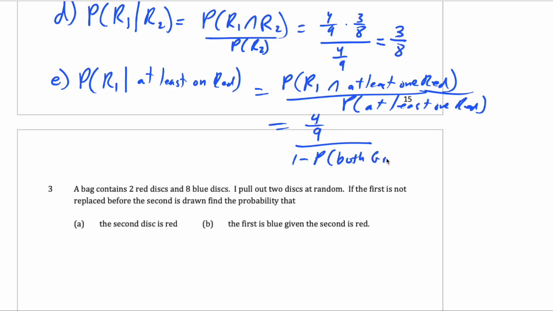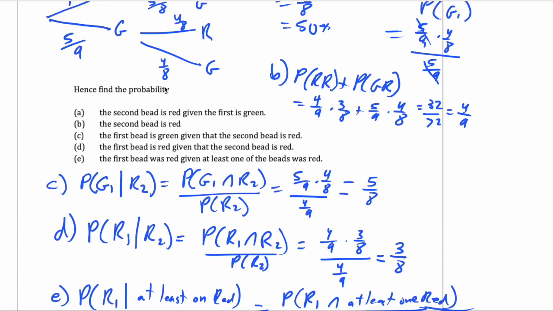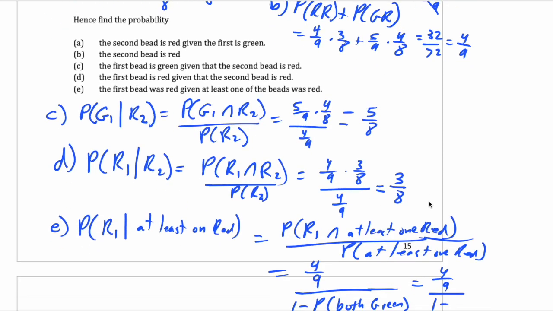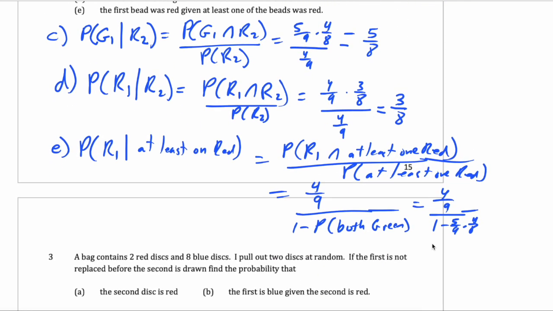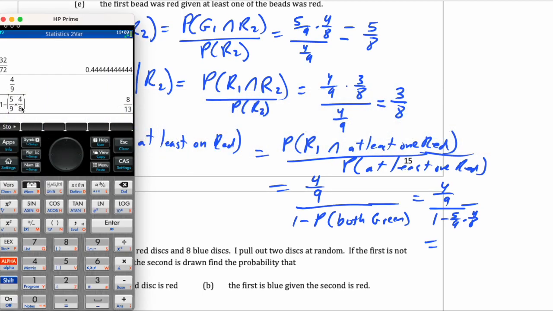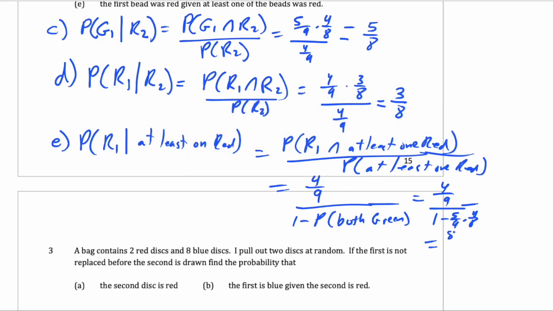That's probably the best way to do that. That's the opposite of at least one red. So it's 4/9 over 1 minus the probability they're both green, which is 5/9 times 4/8. So we type that into our calculator, we get 8/13.